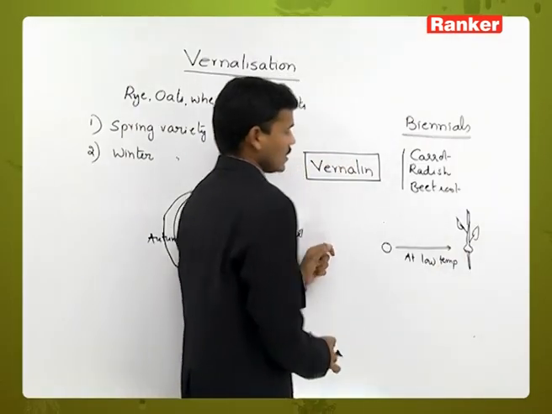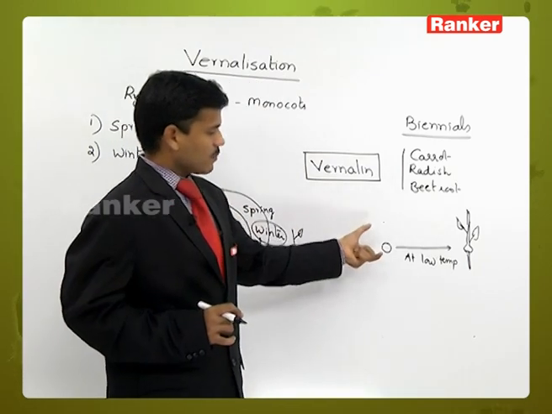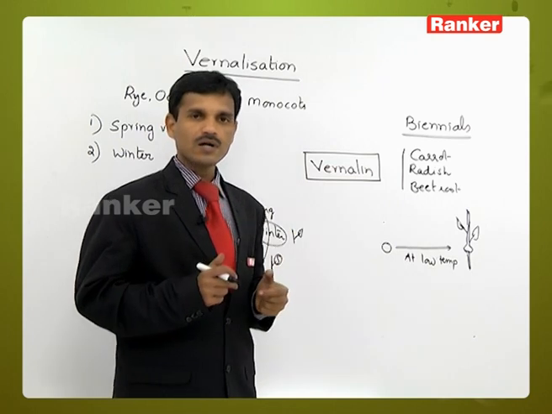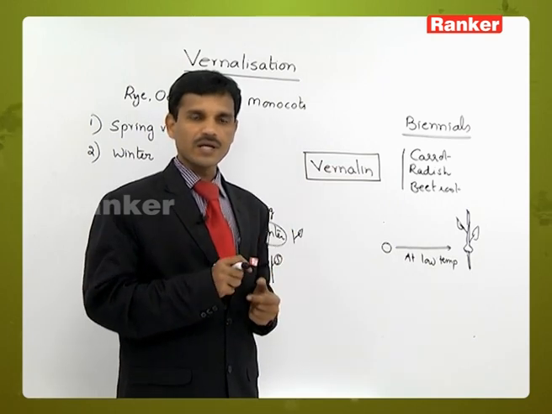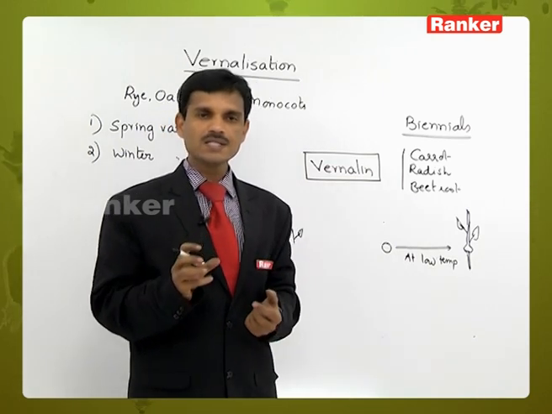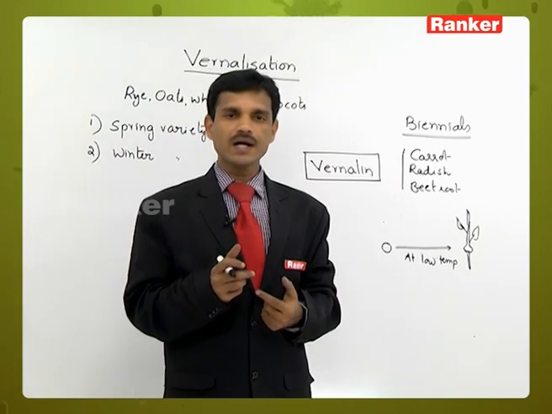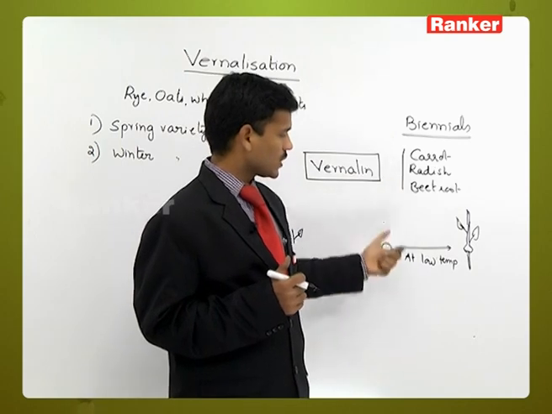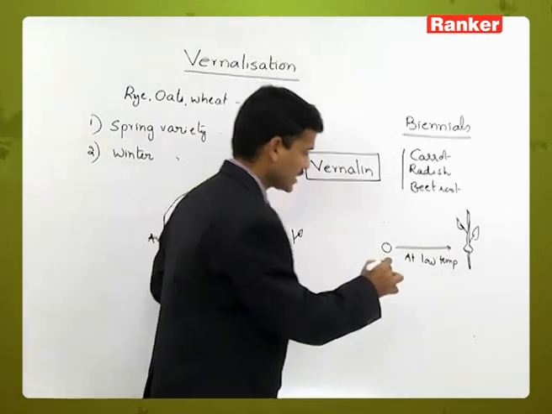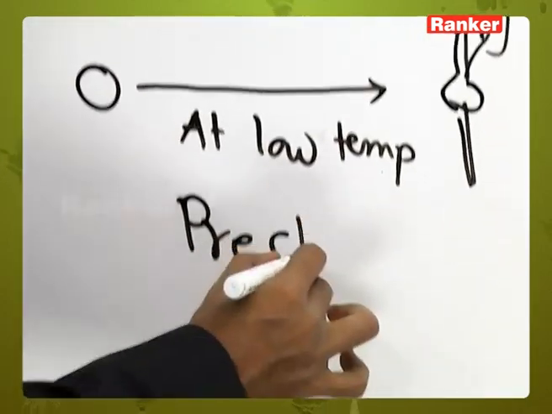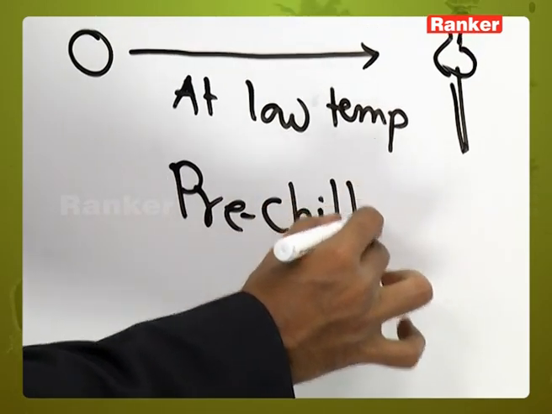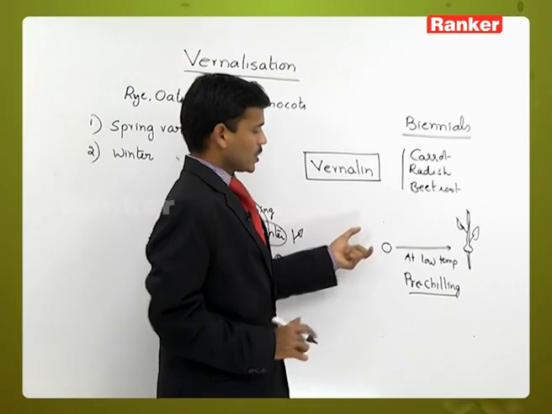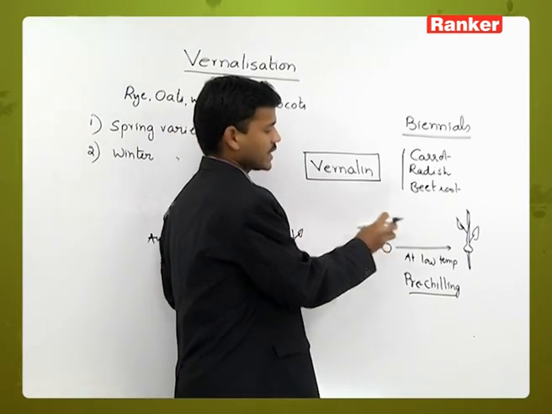So these biennial plants produce flowers within 1 year only. Generally biennial plants produce flowers and give the crop in the second year, but by using low temperature treatment or pre-chilling, the seeds are treated with low temperature.